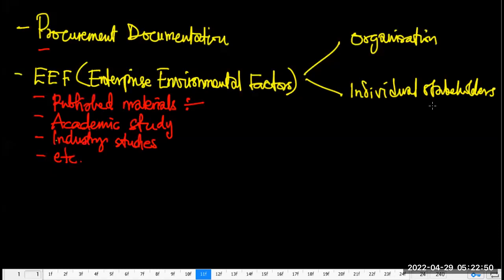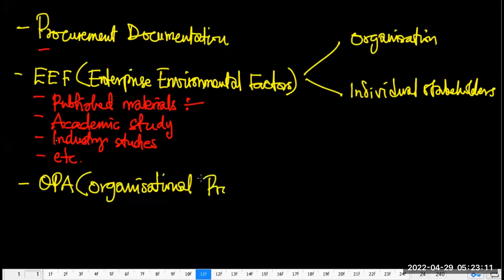Okay, so these are with respect to the EEF. There is also another input we need to be able to identify risk, which is the OPA, the organizational process assets.